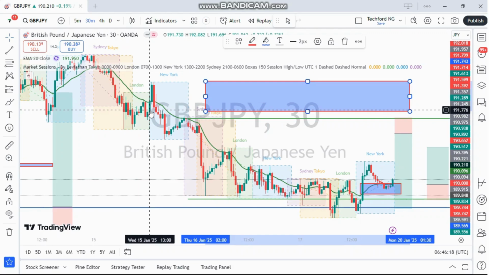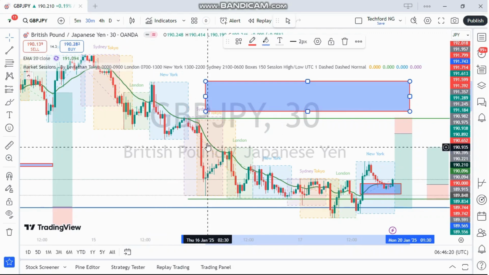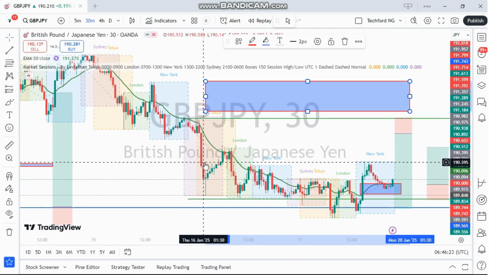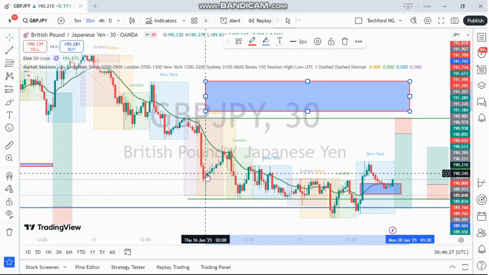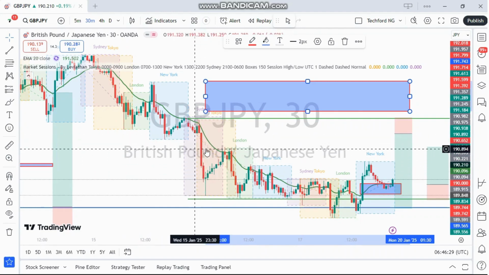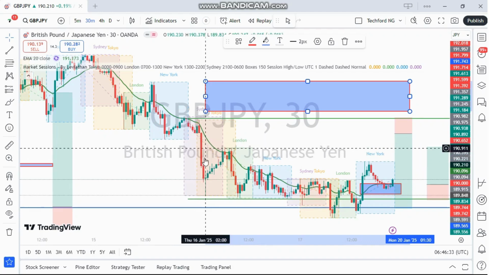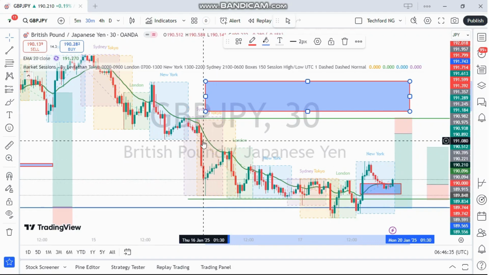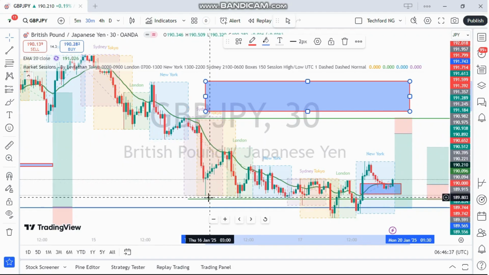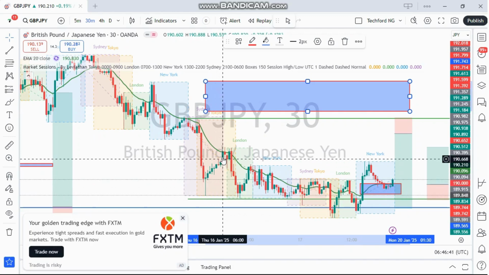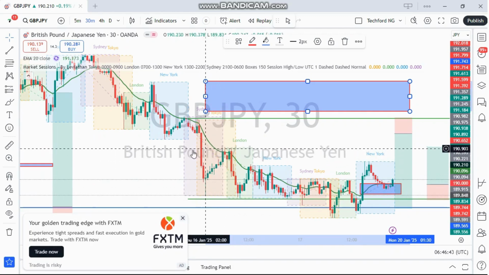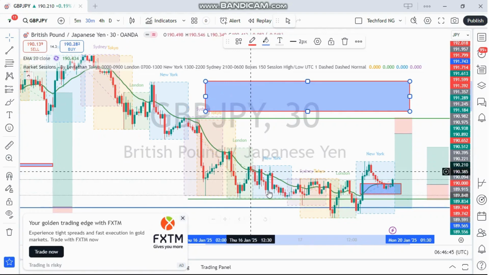That is liquidity, right? Once you see something like this, just know that market will eventually come back to fill this spot. In this case, market came here, rejected, went back to fill this spot, right, and started going down.